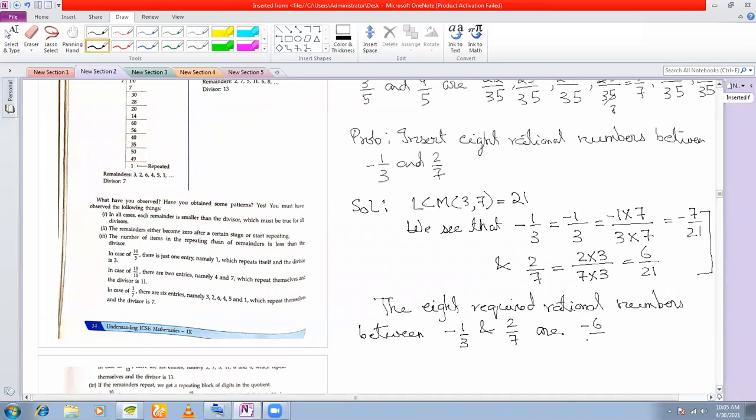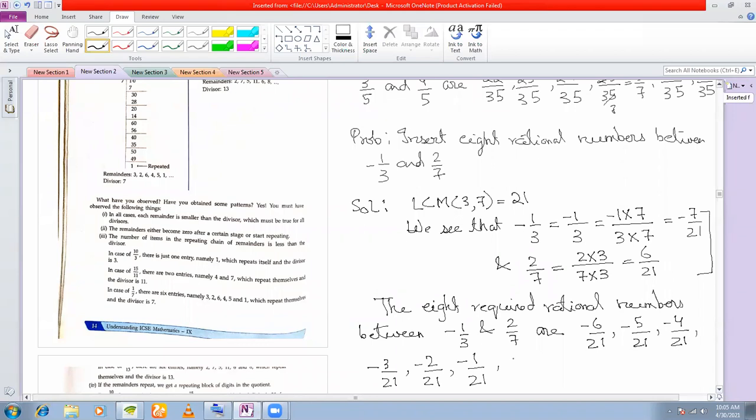Minus 6 by 21 is one rational number. Minus 5 by 21 is another rational number, right? Next, minus 4 by 21 is another. Minus 3 by 21 is another. Then you have minus 2 by 21, right? Then you have minus 1 by 21, isn't it? In fact, you also have a 0, but we'll not put 0.